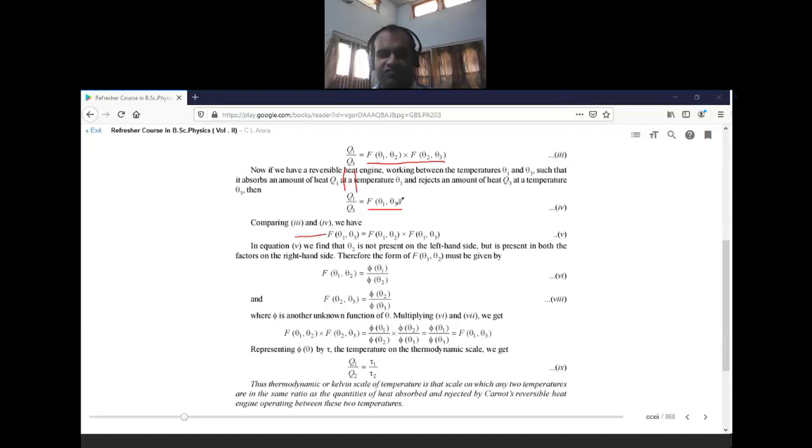f theta 1 theta 3 is equal to f theta 1 theta 2 multiplied by f, okay, there is a printing mistake here. This should have been theta 2. So f theta 1 theta 3 is equal to f theta 1 theta 2 multiplied by f theta 2 theta 3.